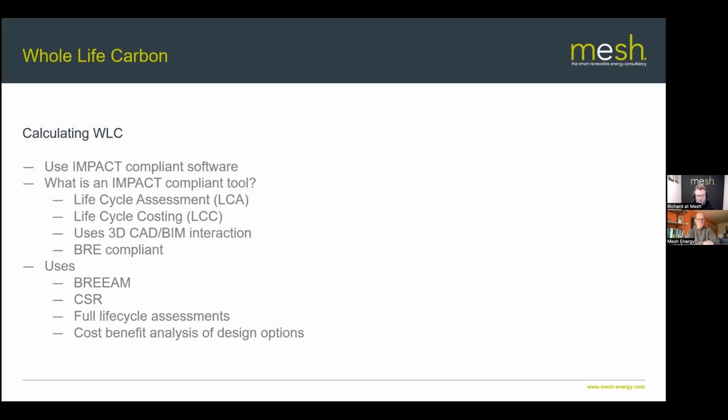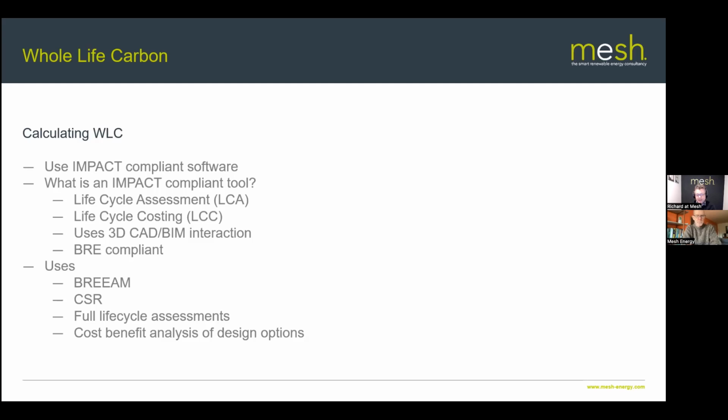Now, we use IMPACT compliance software, and IMPACT was developed back at the beginning. Well, I first started using it around 2013. It was developed by BRE and a number of industry stakeholders, and it was the early days in the UK of doing life cycle assessments, life cycle costing.